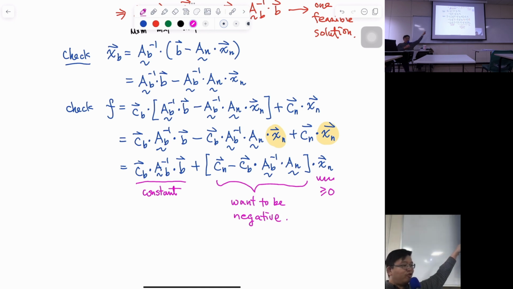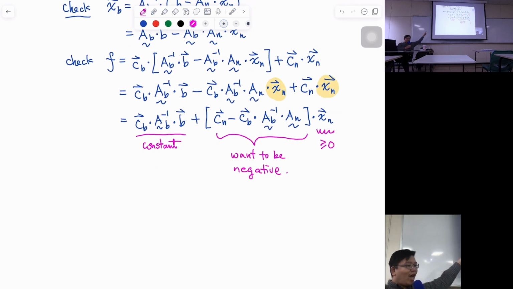If you have a negative coefficient multiplying some values in xN, that will decrease f. So the goal is to figure out how we can make our objective function value the lower the better. So we want to find some coefficient inside this chunk and see which coefficient is the most negative one.